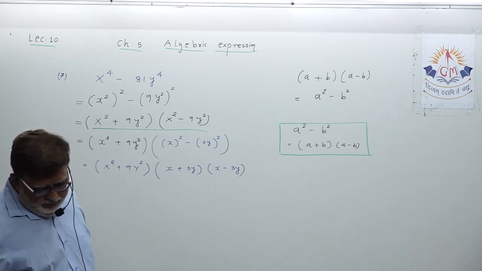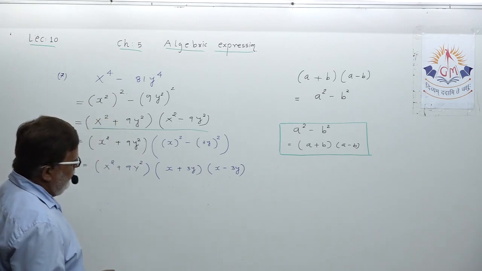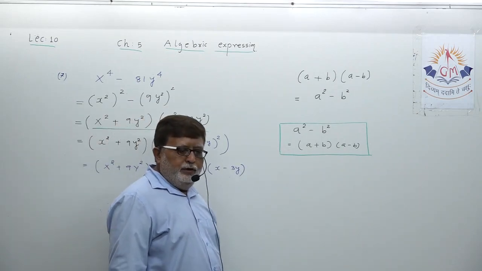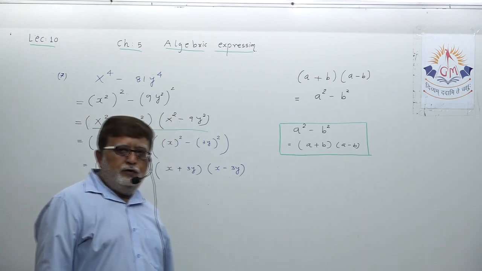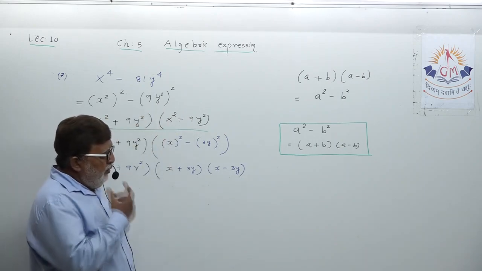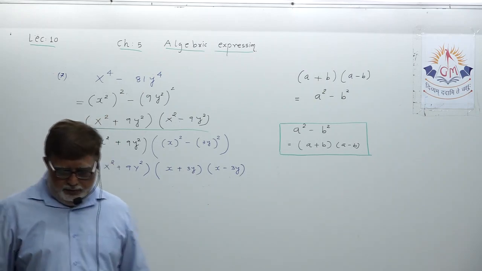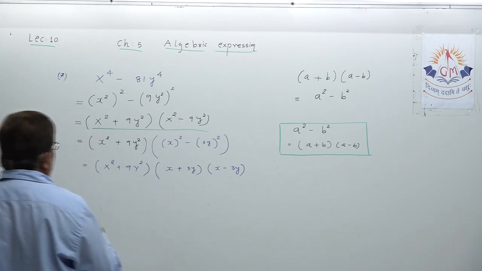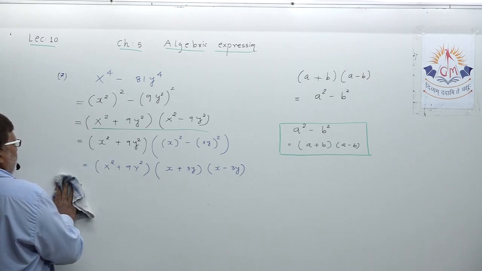Okay, dear student? So, this way we are completing the application of identity a square minus b square equal to, in first bracket, a plus b into second bracket a minus b. Okay, dear student? You must have understood this. Okay, right?